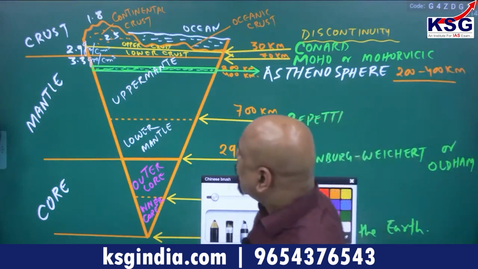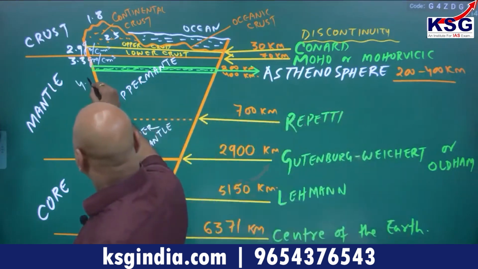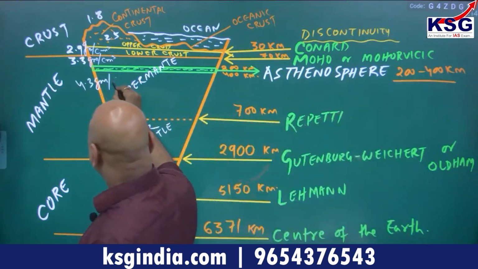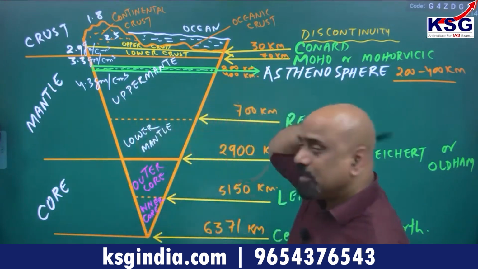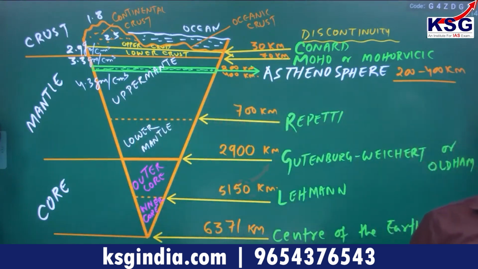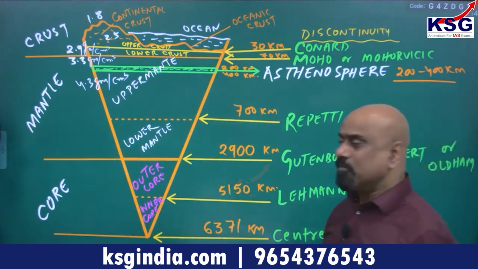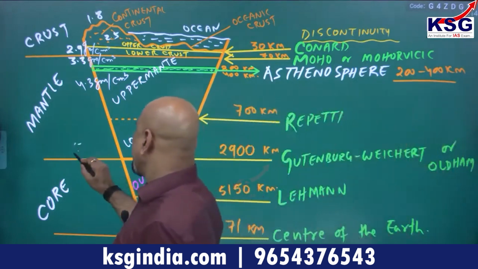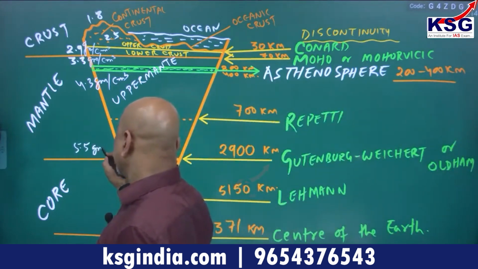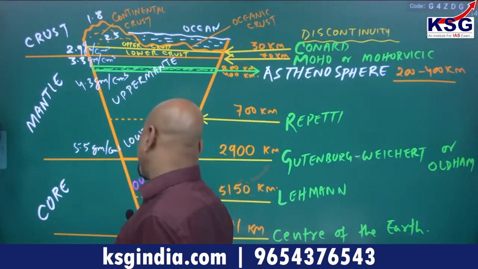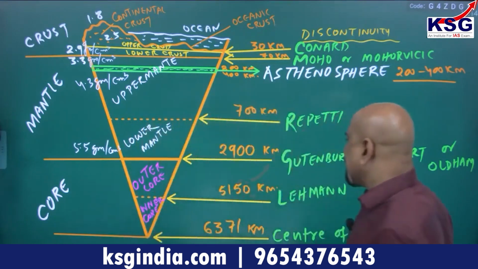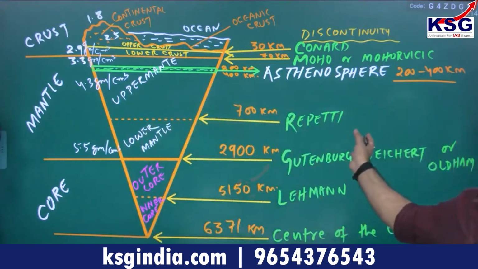Here it is 4.3 ग्राम पर क्यूबिक सेंटीमीटर हो जाएगा. 4.3 gram. In the lower mantle, gradually it will increase, and in the lower mantle if you will see, it goes up to 5.5 here. ये है Gutenberg-Wiechert discontinuity, you can see.